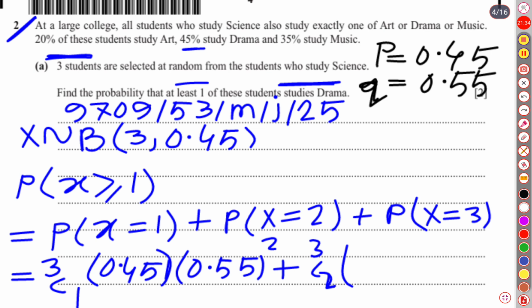So for drama, probability is 0.45, number of students is 2. That means only one student didn't take it, so for the other student the probability is 0.55. Okay.